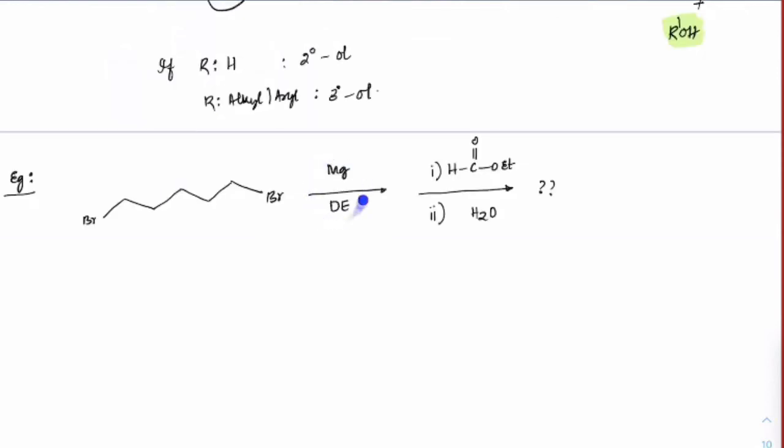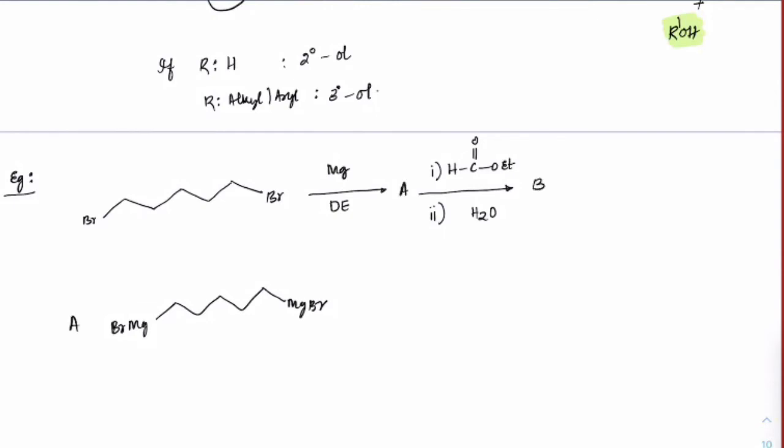So initially magnesium will form Grignards on both the sides, we know that, so we can get MgBr. So let me write down here, BrMg with connection here MgBr. So this is formed first, or let me just write it as A and B for your convenience.